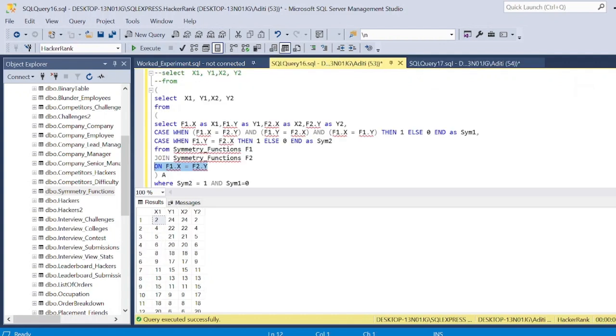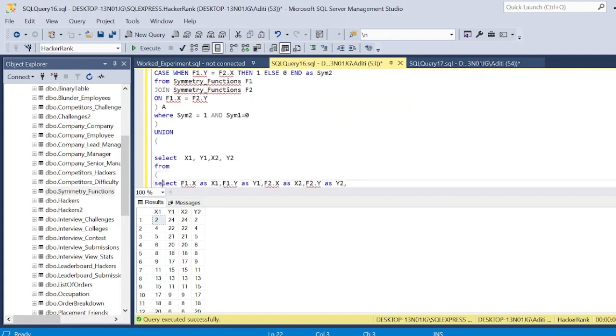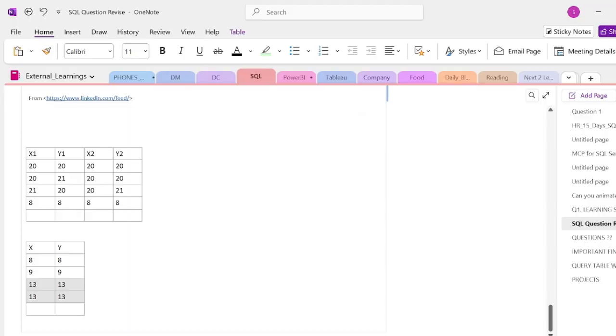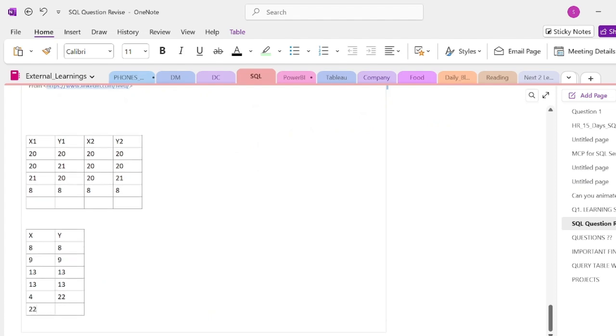You can solve this by using a case statement, like I mentioned, and you have to focus on two things. One is that for a symmetric pair, y1 is equal to the x2 and x1 is equal to y2, because that is also a case. For example, here we have 4, 22, and then 22, 4. This is also a symmetric pair.